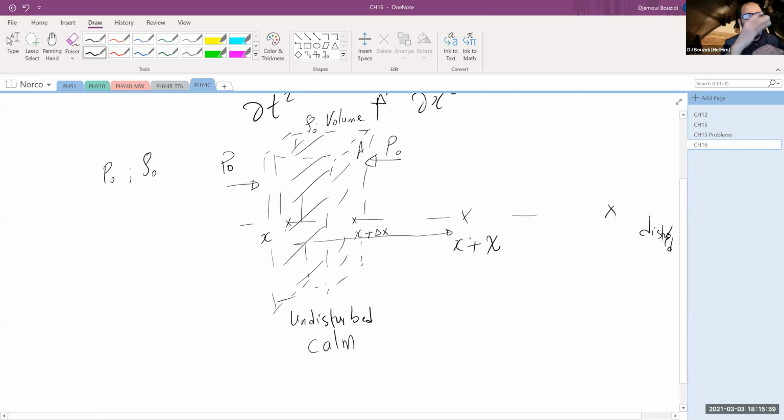This is why this is not a transverse wave. This is actually a longitudinal wave, because the displacement of the mass of air is in the same direction as the wave itself. So the air moved in the x direction and the wave is moving in the x direction too. This point that was x plus delta x now moves to a new location, expressed by this displacement of delta chi.